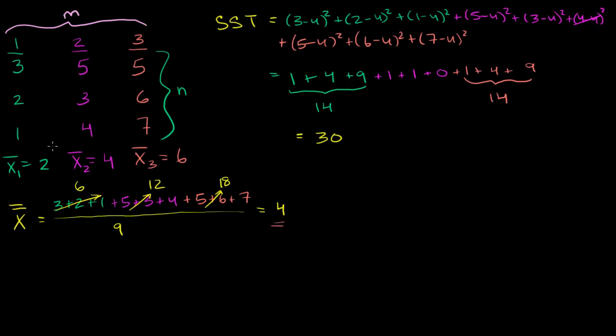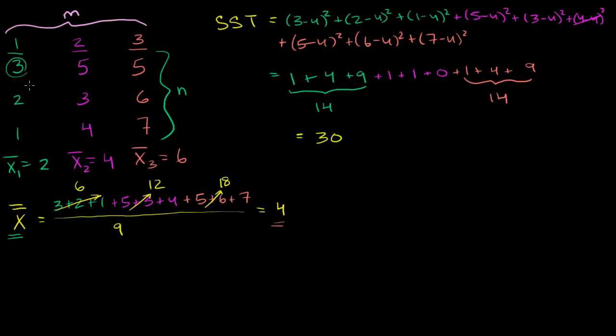So our degrees of freedom, and remember, you have however many data points you had, minus 1 degrees of freedom. Because if you knew the mean of means, then only 9 minus 1, only 8 of these are going to give you new information. If you have the other 8, you could calculate this one.